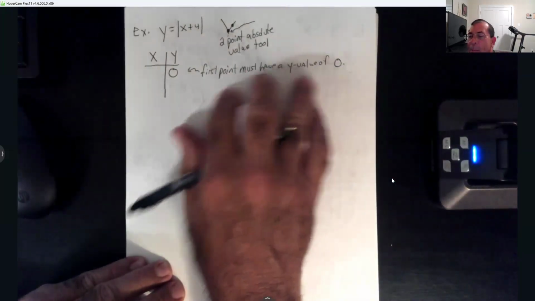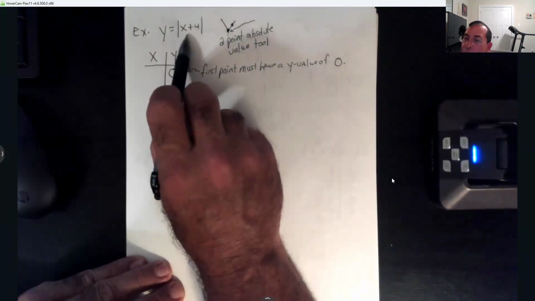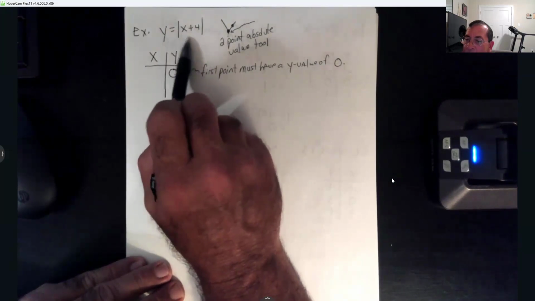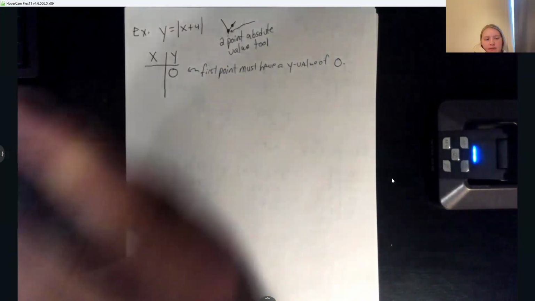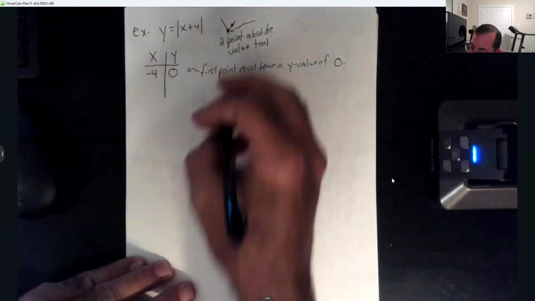And that's just because of the way MyMathLab is on this question, okay? So what number can you put in for that X to make this thing equal 0? -4. So y'all, my first X has to be a -4, okay?